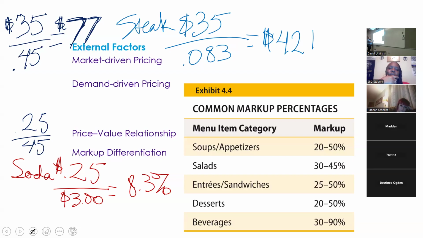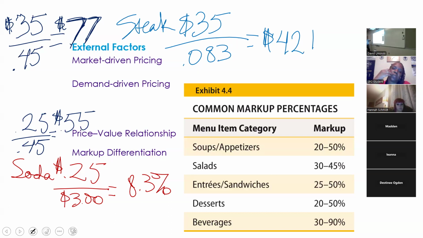So $77. But what if we use that 45% food cost right here on the beverage? What is 25 cents divided by 0.45? 55 cents? How many sodas do you see on the menu for 55 cents? No. We'd make no money, right? That's only 30 cents difference on every soda.